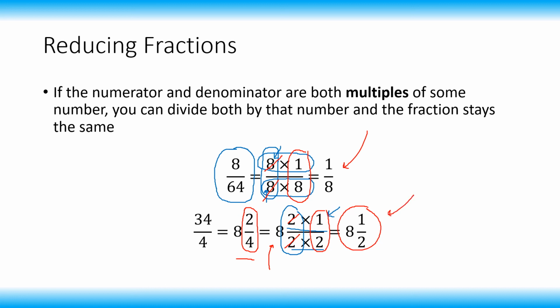If you went the other way and suppose it was just to reduce this improper fraction that you started with, you could have reduced it first and then gone about making it a mixed number, or maybe the question was just to reduce it. Then we can notice that both of those numbers, the 34 and the 4, are multiples of 2. 34 is the same as 17 times 2, and the 4 is, of course, 2 times 2.